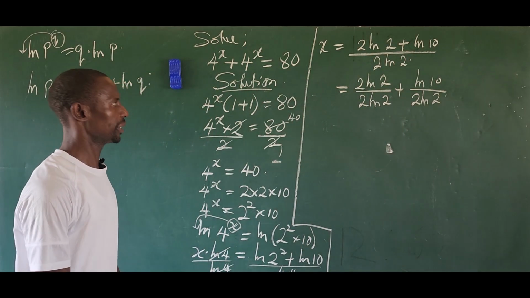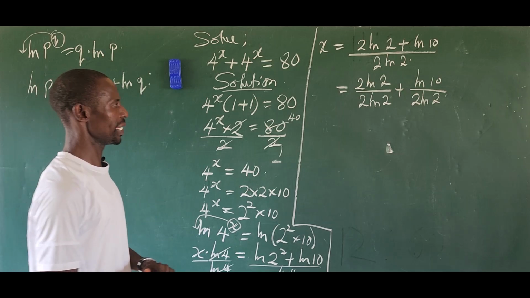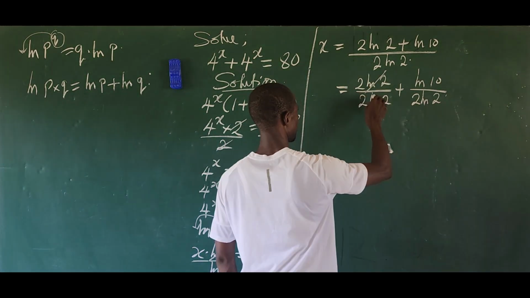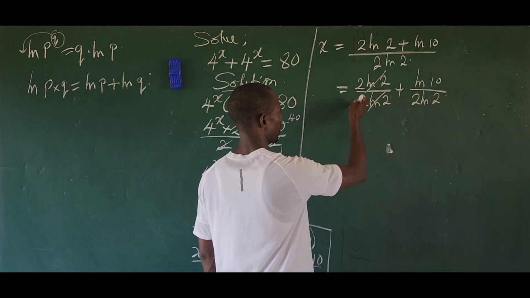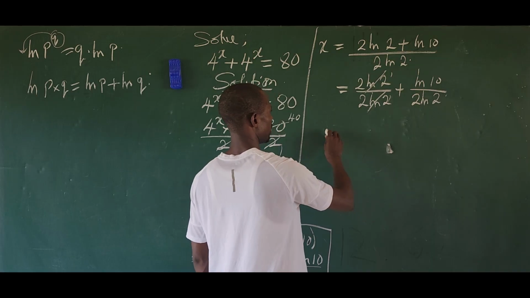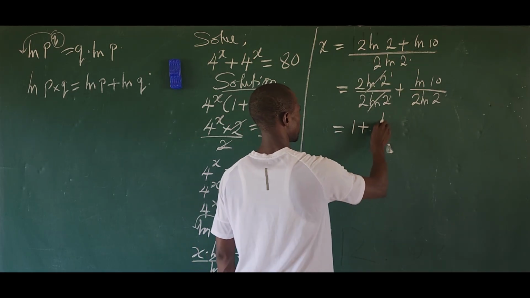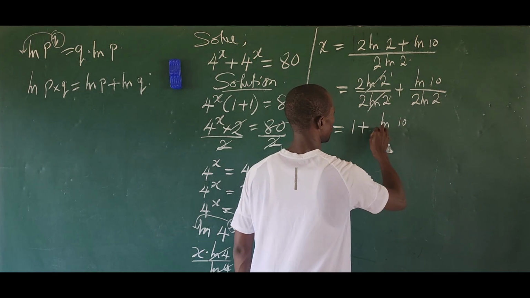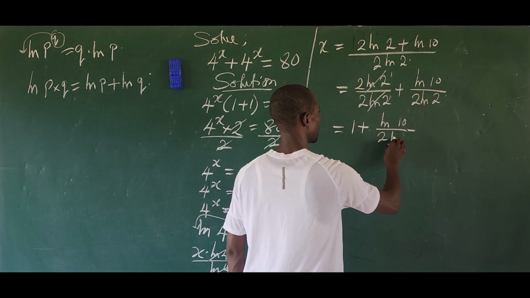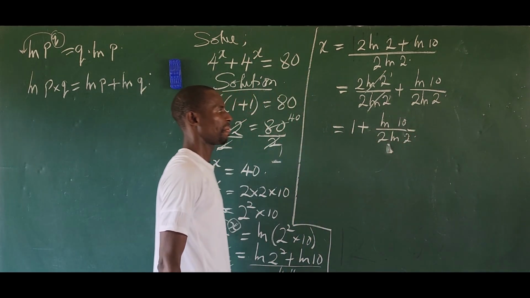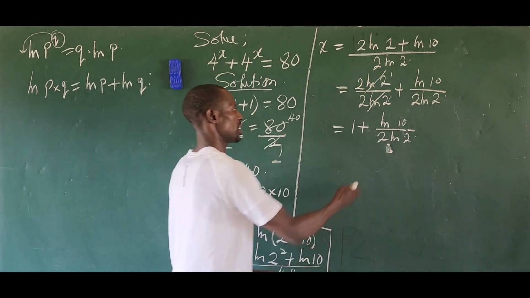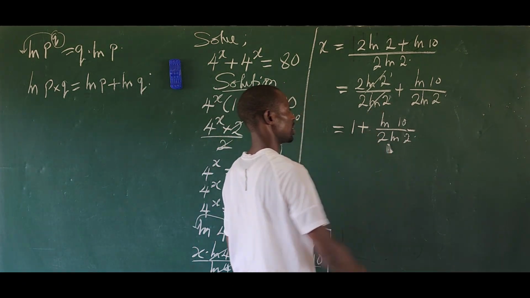What we do next here is this: you discover the numerator is the same as the denominator. So we're going to have 1 here, right? So we're going to have this to be 1 plus ln of 10 all over 2 ln of 2.